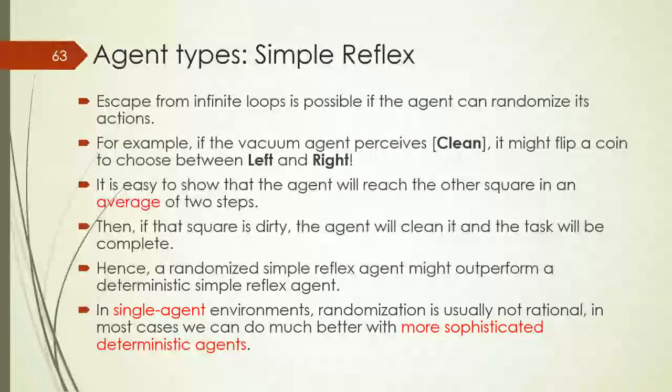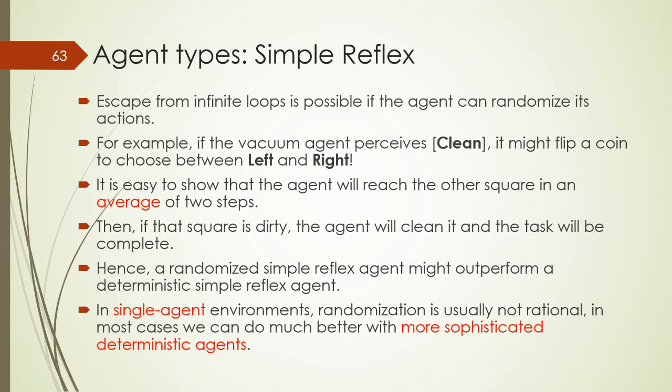For example, if the vacuum cleaner perceives clean, it might flip a coin to choose between left and right. In that case, half of the cases it might do wrong, but half of the cases it also might do the right decision. So instead of absolute movement to left, absolute movement to right, you can say flip a coin. If it's head, go to right. If it's tail, go to left. Think like that.